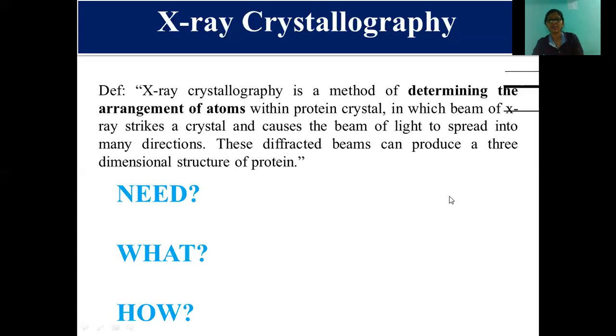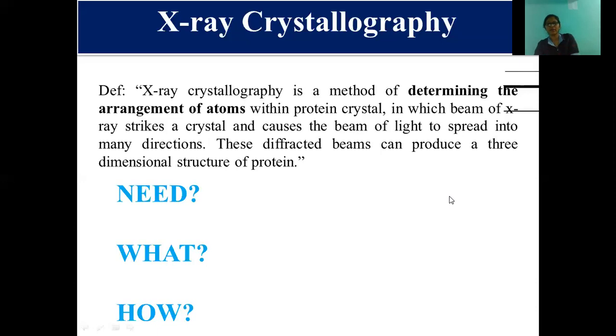And why is there a necessity to identify the 3D structure of the protein? Because the 3D structure of the protein is the functional protein. It helps in the identification of the function of the protein. It helps in identifying how many alpha helices and how many beta sheets are present in that particular targeted protein.